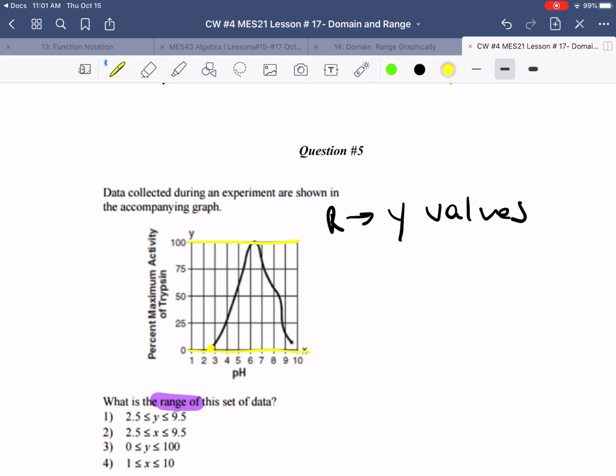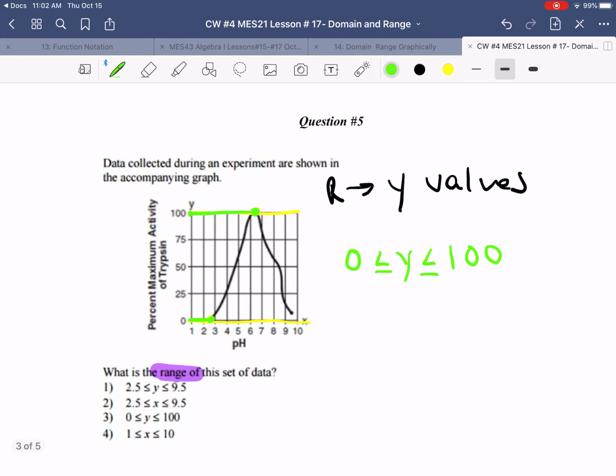I see that this is the lowest it goes, and this is the highest it goes. Lowest and highest. So the lowest is 0, and the highest is 100, and y is in between. All the y values are in between 0 and 100. Then I just go and put my symbols.